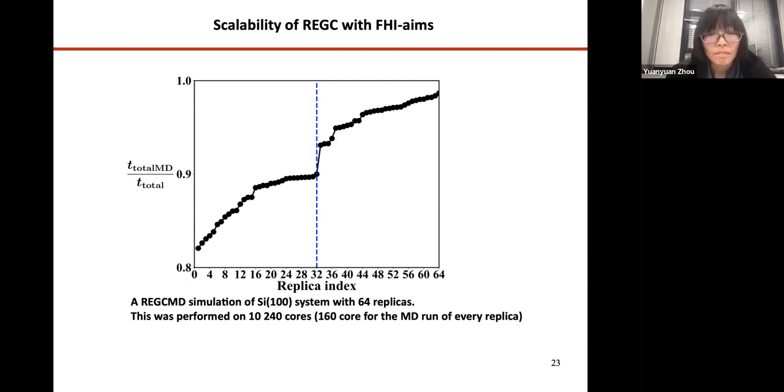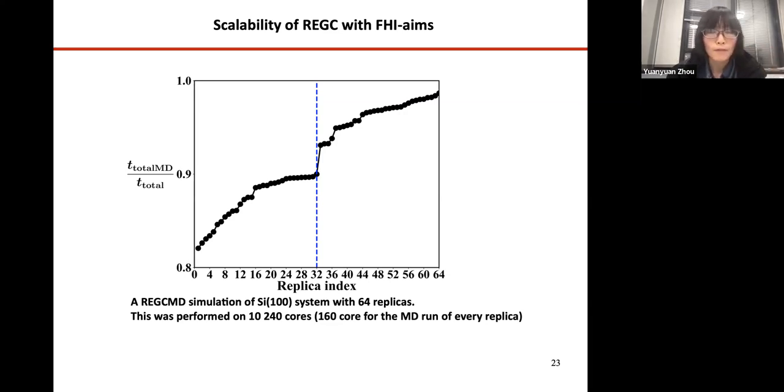And there is a simple and effective solution for this kind of problem. Of course, if the slowest replica makes the other replicas wait until its MD is finished, this leads to load imbalance on our supercluster.